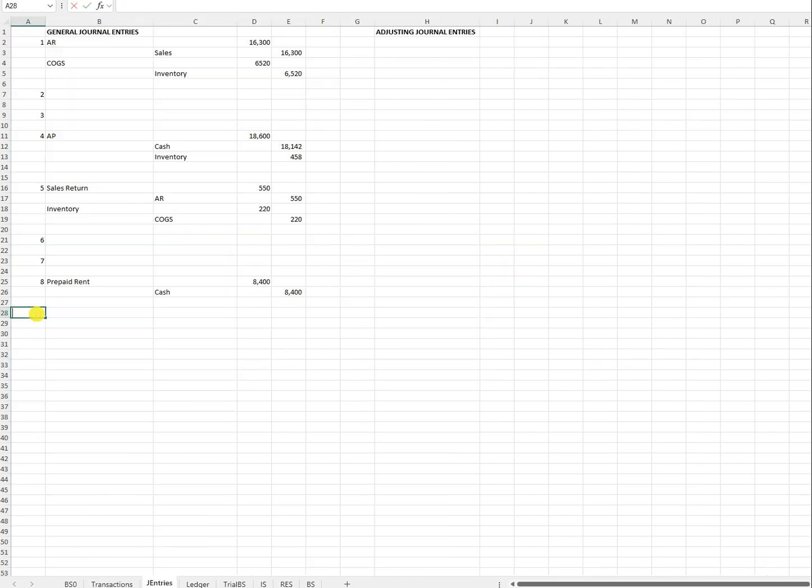So we have 10 and 11 as issuing dividend, so I can combine the two transactions together. This is going to increase my dividend, which is going to reduce my retained earnings or equity account, and then reduce my cash. This is the amount of dividend we have paid.